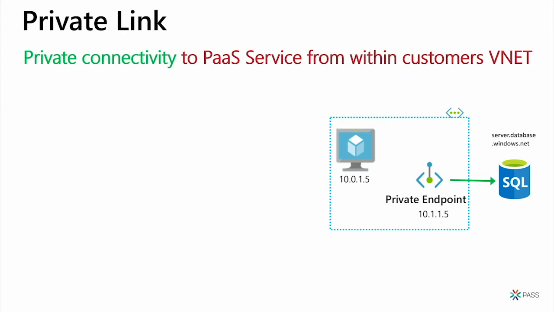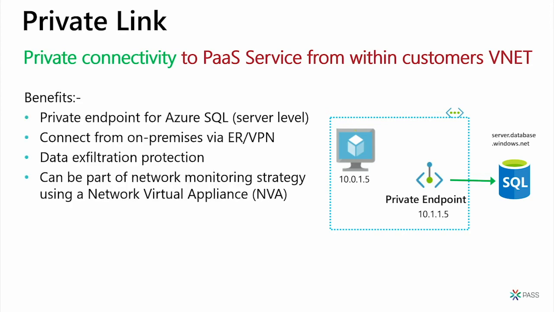Now you may ask, why should I even care about this? One of the things you get is a truly private endpoint for Azure SQL at the server level. Below that server, you can have any sort of database: data warehouse, serverless, hyperscale, you name it. This hopefully solves your firewall rules problem because you can now connect from on-premises using ExpressRoute or VPN.